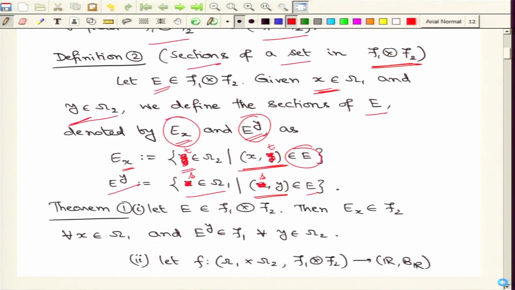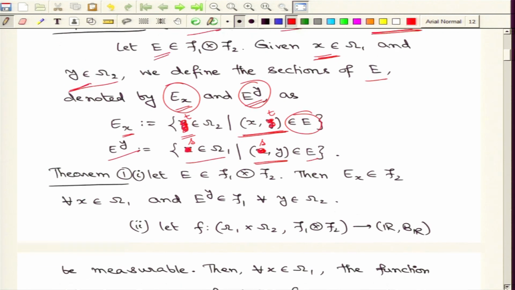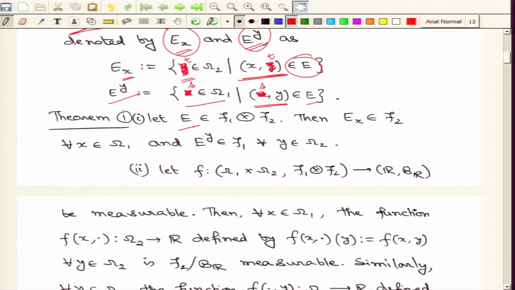Here, what we are now going to consider are properties of the sections that we have just considered. Let us again take any arbitrary set coming from the product sigma field and look at sections with points coming from the first set and sections coming from the second set. What we claim is that these sections must be in the appropriate sigma fields, meaning E subscript x was defined as a subset of omega 2, and it must be a measurable set, and therefore it must be in F2.